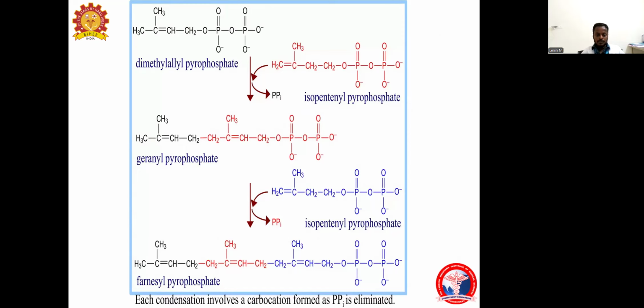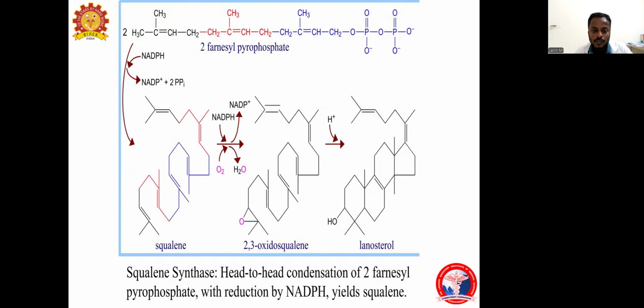Geranyl pyrophosphate, along with an attached isopentenyl pyrophosphate, is converted to form farnesyl pyrophosphate. Each condensation involves decarboxylation, and pyrophosphates are eliminated in this reaction. And then two farnesyl pyrophosphates come together to form squalene.